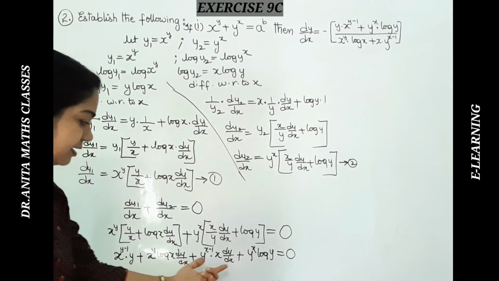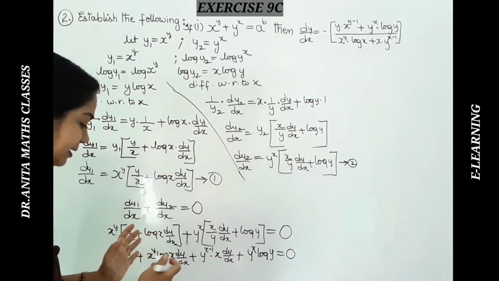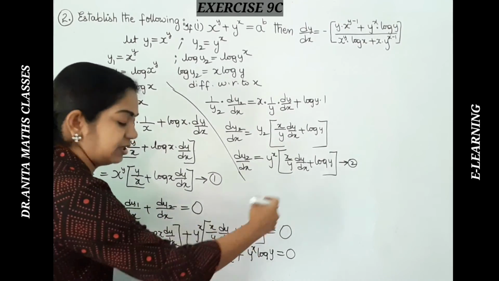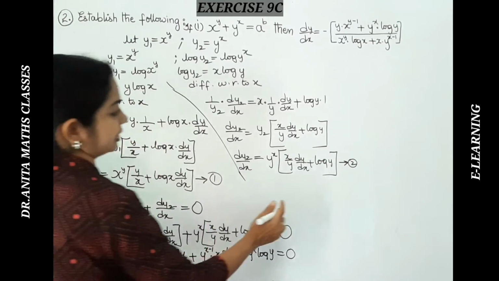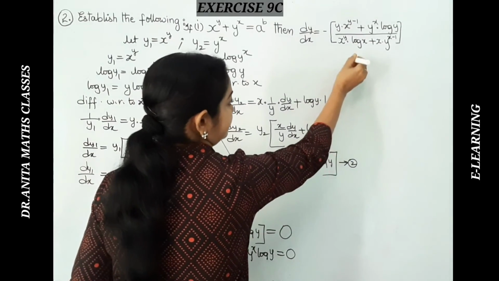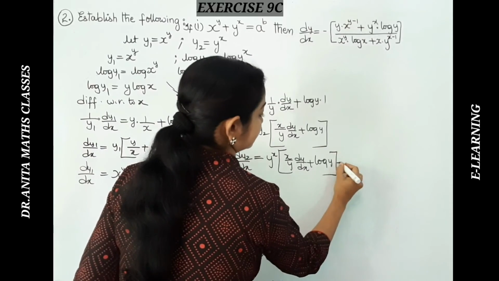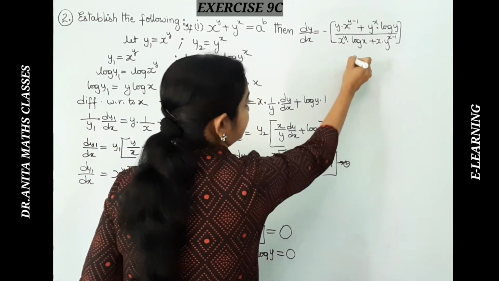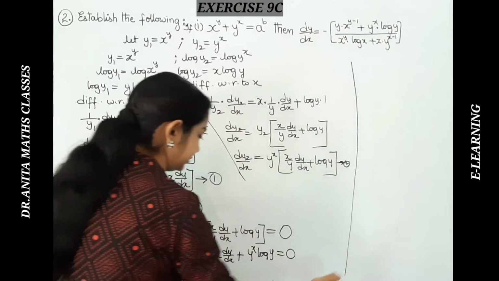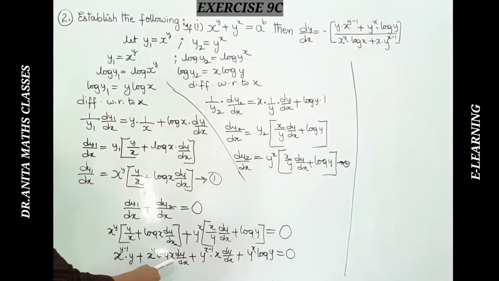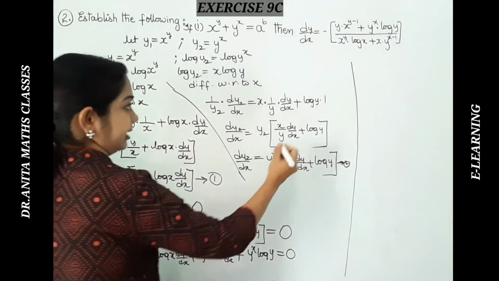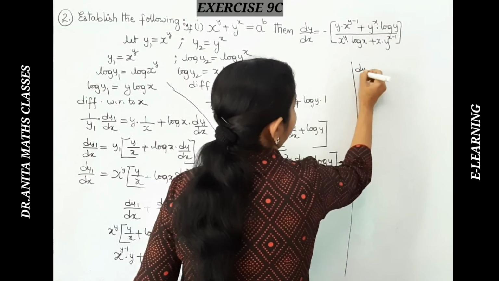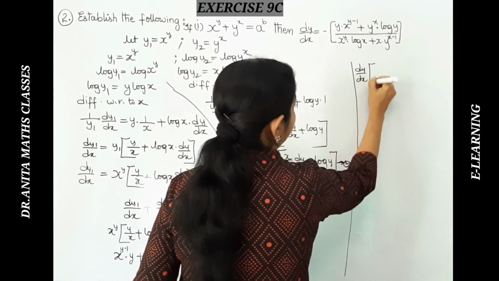We will bring dy by dx to one side, we will club them, the rest of these two to the other side. Okay, so that we will do it here. Let me suppose this is equation 2. Let me do this here. Here, dy by dx, we will take it to one side, dy by dx, so that I'll club it.